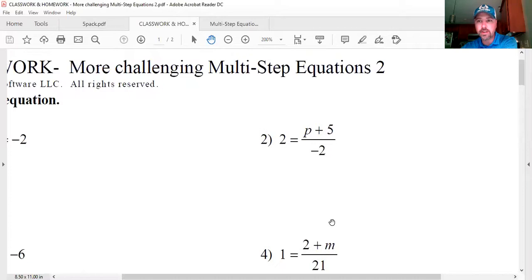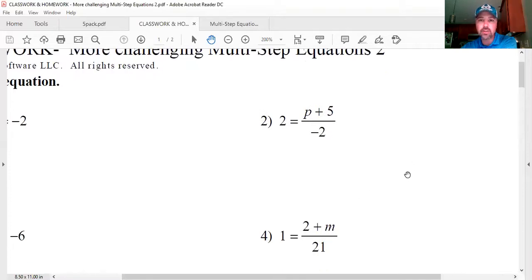I'm worried that it's not showing you the same thing I think it's showing you, but okay, so number 2. Number 2 says, and here's another 2, 2 is equal to p plus 5 over -2.